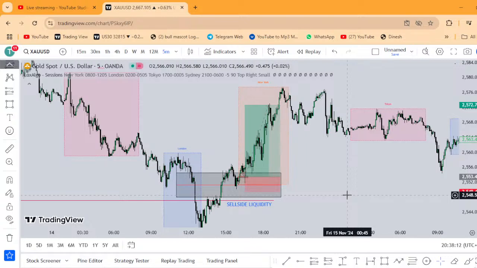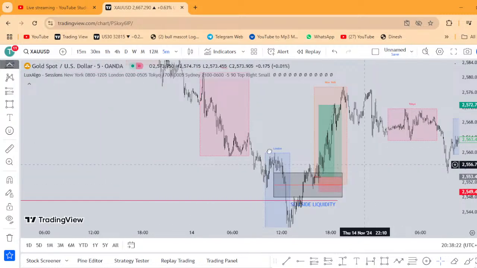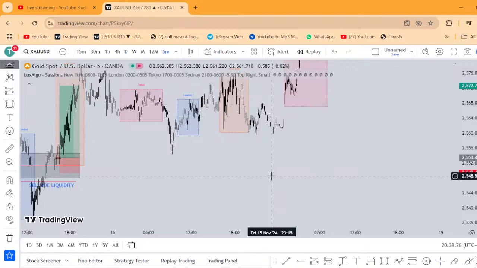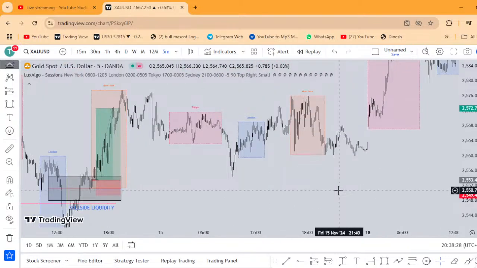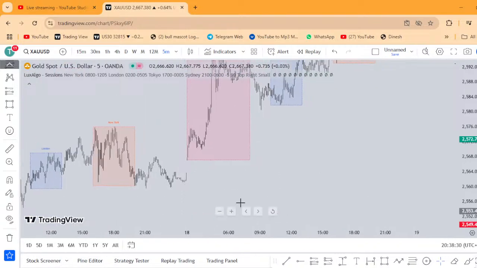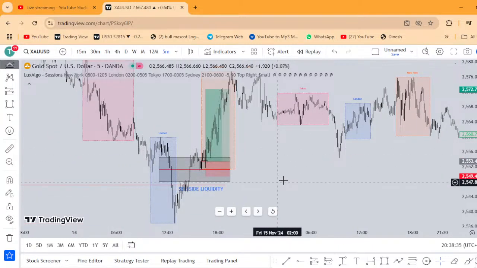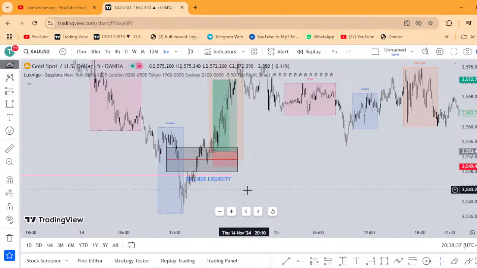So if you're in a wrong bias of the market, but you're taking a trade off major liquidity after market structure shift is confirmed, price could give you at least some pips before it reverses against your trend. Okay, so that's why trading using liquidity is very key. It really helps you a lot. So that is to do with the major liquidity.